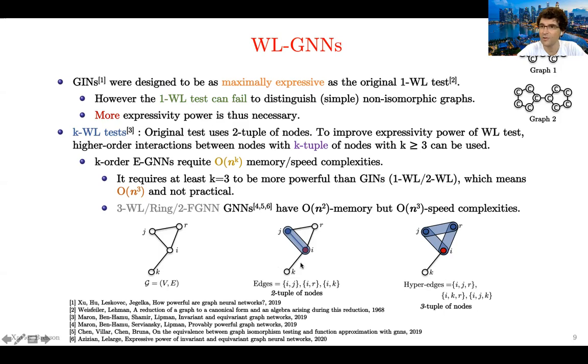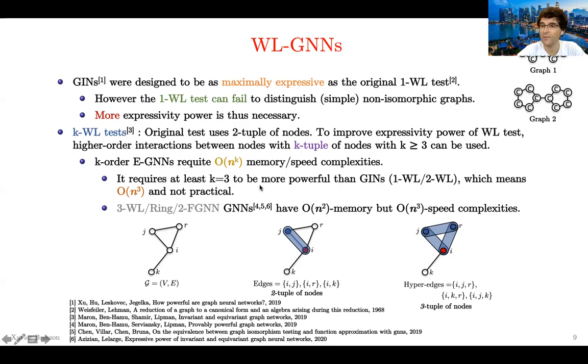If you take the original message passing GNN, the interaction between the nodes is pairwise, so there are two-tuples of nodes. If you consider more interaction, like between three nodes, then you will consider three-tuples of nodes. When you do that, you are going to increase the memory and the speed complexities.